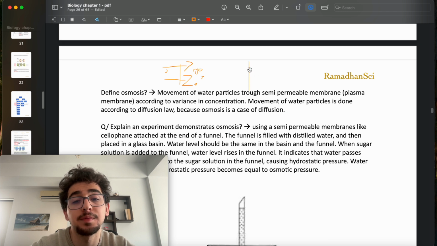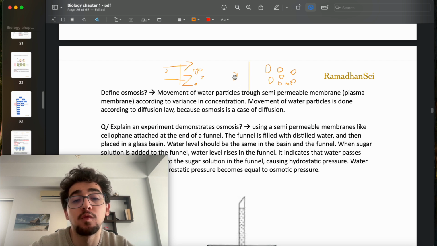If I have, this is a membrane, and let's say that I have a lot of protein particles here. And let's say that I have only one protein particle here.